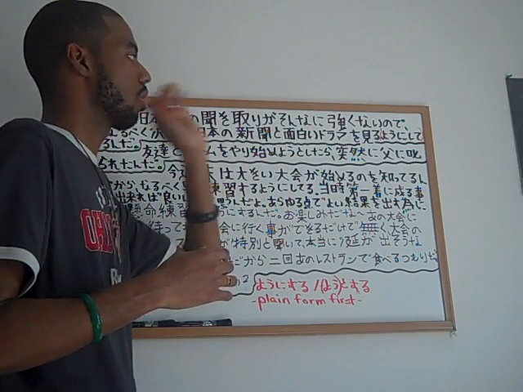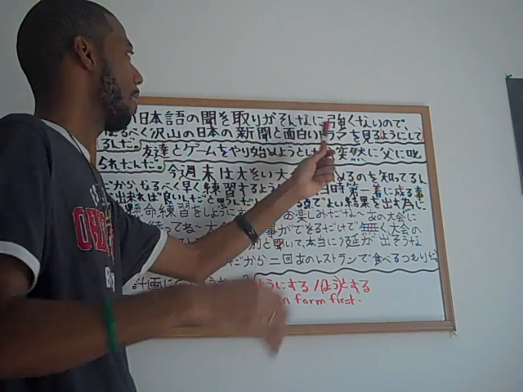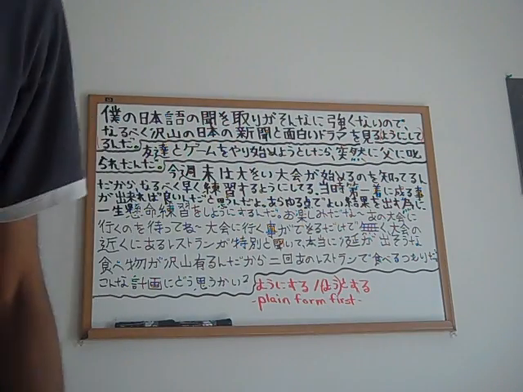Tsuyoi means strong, but when you say tsuyokunai, it'll be not strong. So sonna ni tsuyokunai node, they are not that strong.